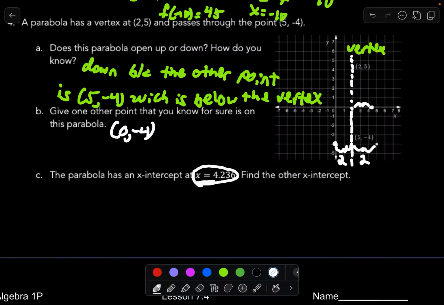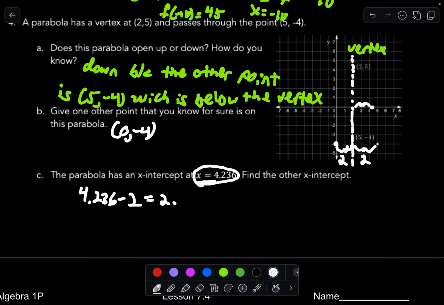So the distance between them is going to be 4.236 minus 2, which is 2.236. So that means the x-intercept of 4.236 is 2.236 units to the right of the AOS.